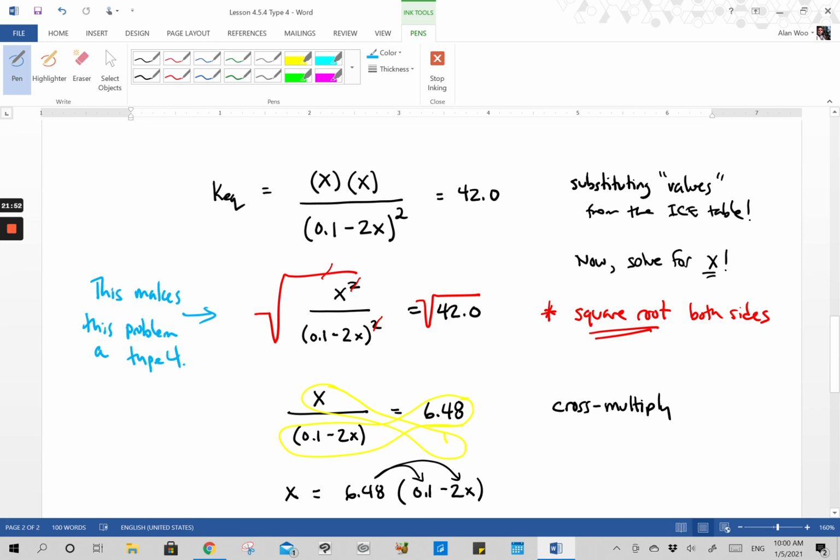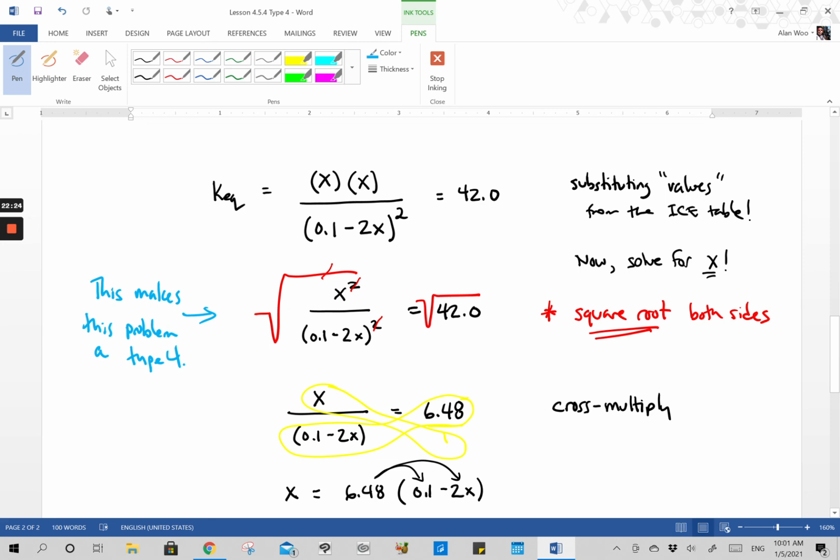Because if you cannot square root here, the math that you're going to need in order to complete this question will require the quadratic formula and the quadratic equation, which is why I say that you have to be careful. When it's possible for you to take the square root, do it.